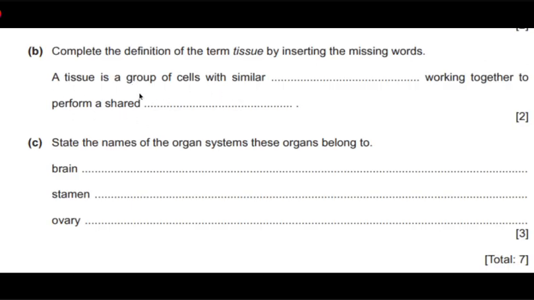So when you talk of a tissue, it is made up of similar structures of cells that work together to perform a specific function. So a tissue is a group of cells with similar features. So that is what you're supposed to write here.